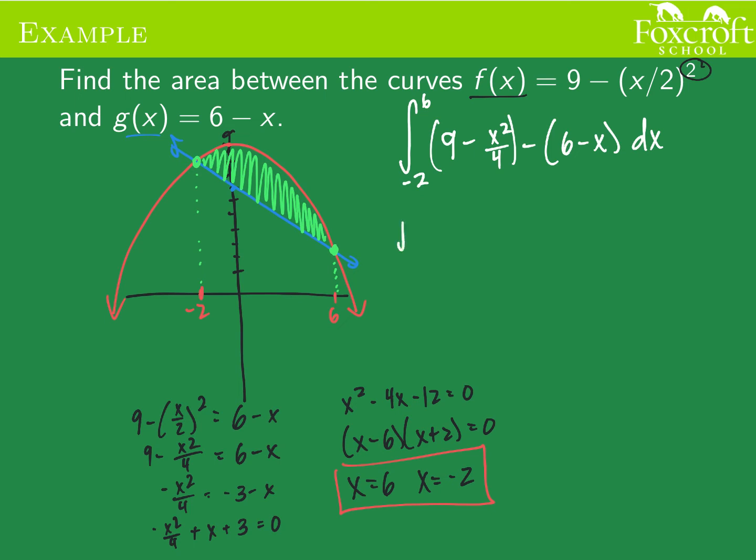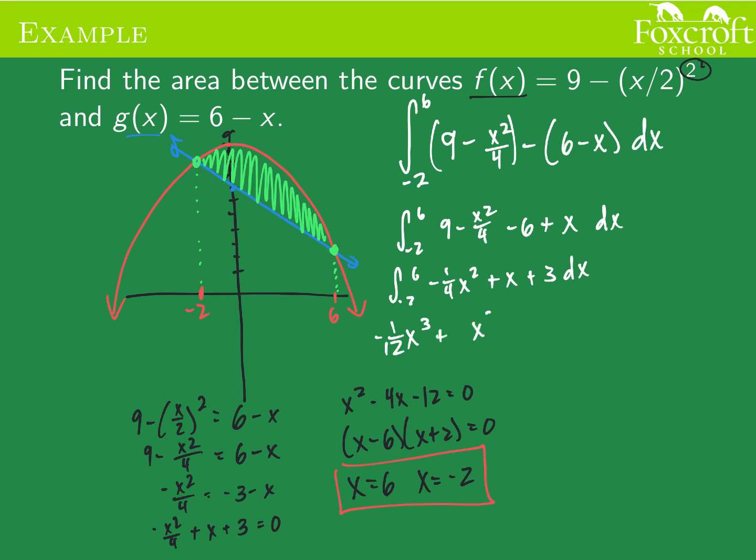So to do this, I do a little bit of simplifying, which gives negative x squared over 4 plus x plus 3. Now I can do the antiderivative: add 1 to the power and divide by the new power, and I put an x after the 3.